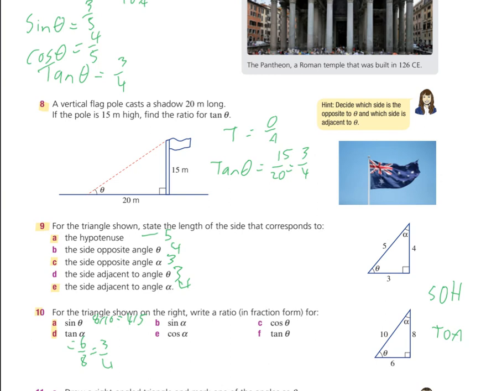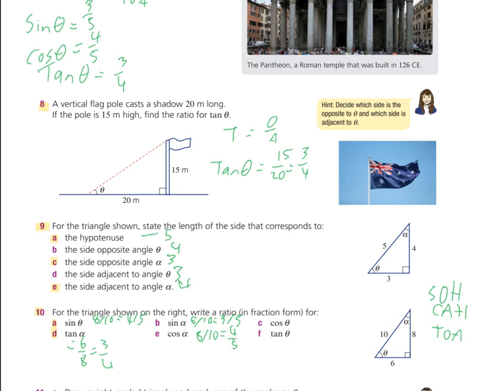For sine alpha, opposite over hypotenuse. The opposite is 6, so it's going to be 6 on 10, which is, of course, 3/5. Cos alpha. Cos is adjacent over hypotenuse. Adjacent is 8. Hypotenuse is 10. That's going to be 8 on 10, which is 4/5.